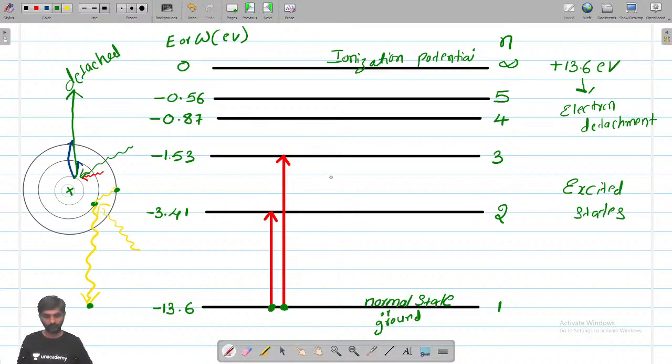Now what happens? The electron which is excited from this level to this level will not stay here for a long time.